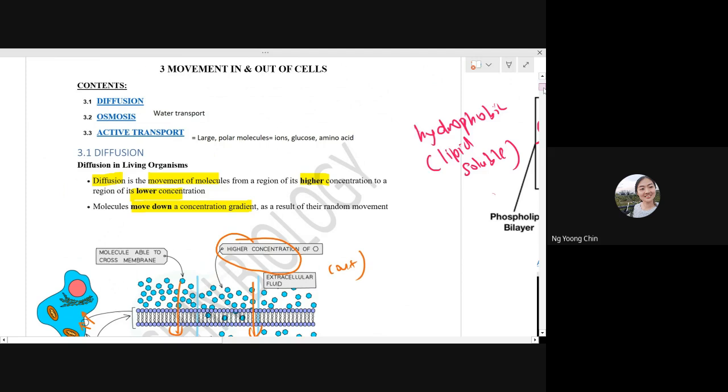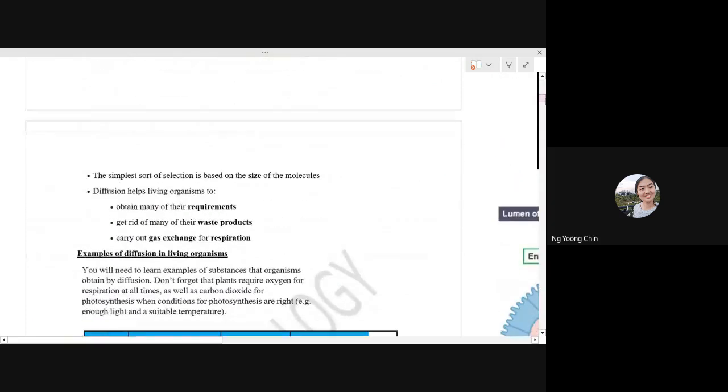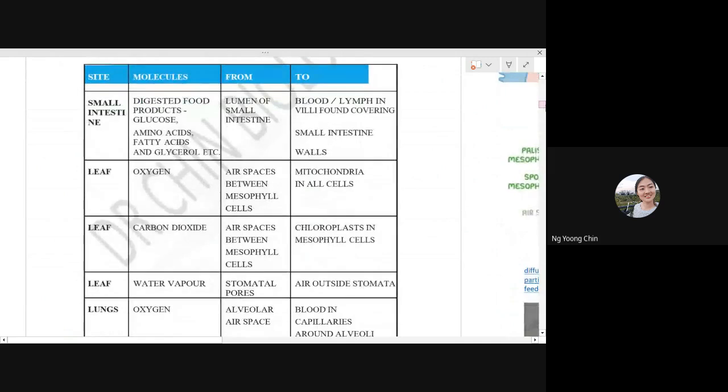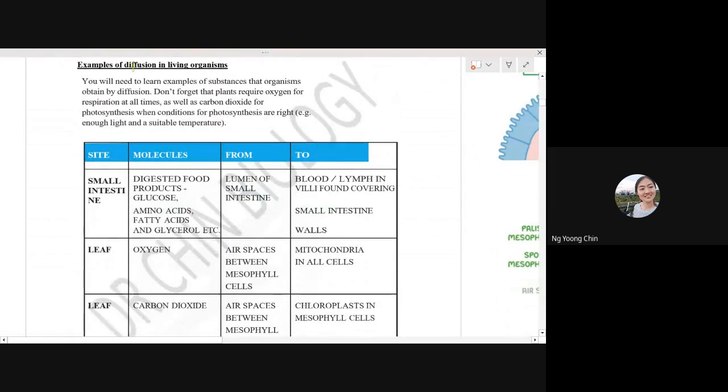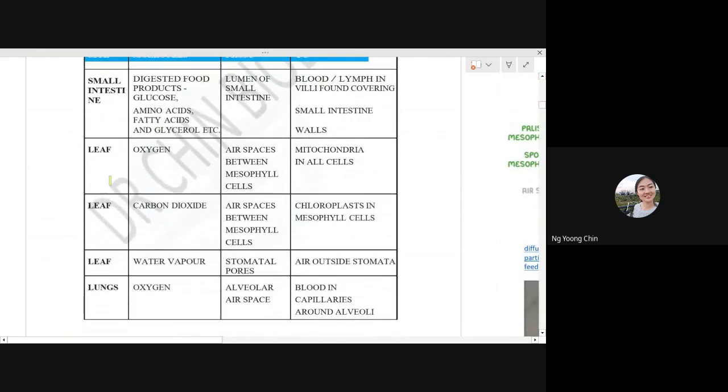Applications of simple diffusion in real life, diffusion in living organisms, are likely to come out in the exam. For example, the leaf. They will absorb carbon dioxide and release oxygen during photosynthesis.